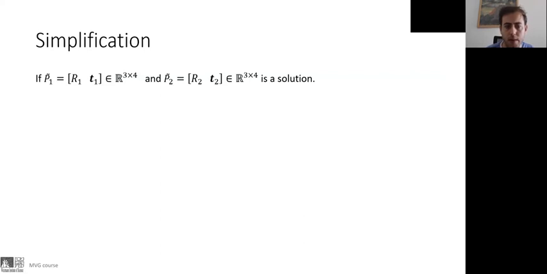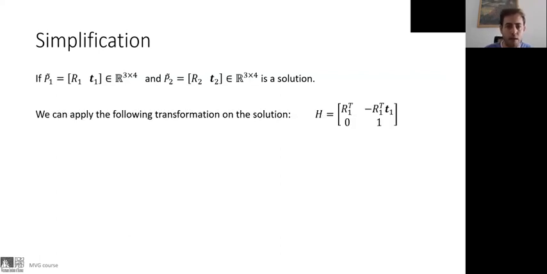Okay, so like in the projective problem, we would like to simplify our cameras or our reconstruction such that it will be simpler to work with and develop the fundamental, which we will later call the essential matrix. So again, we can just choose our homography to be the following homography.